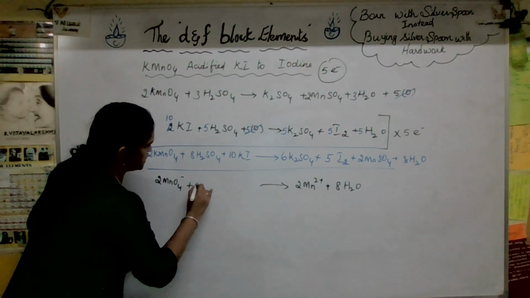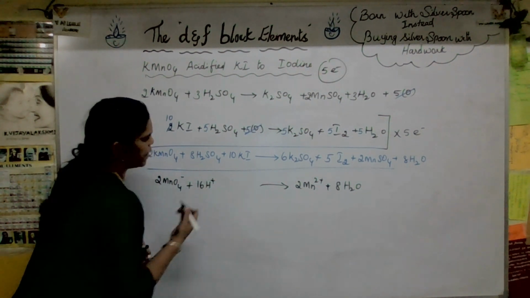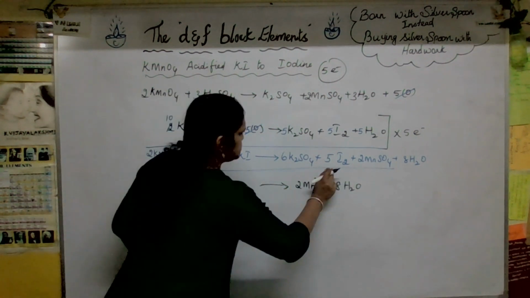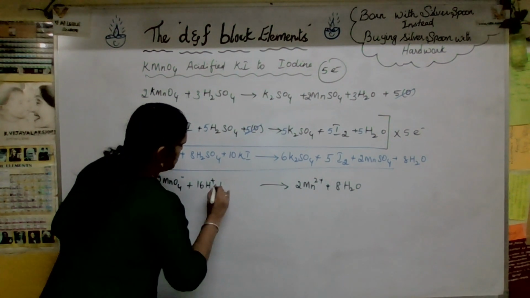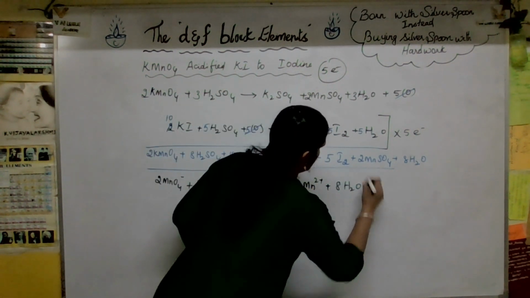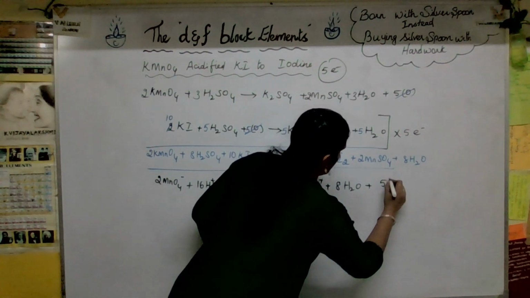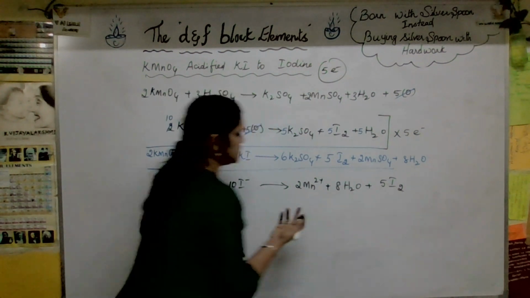That much H plus ion. So 8 twos are 16 H plus ion. Okay, now here 10 I minus plus 10 I minus. Here, 5 I2. You can ask, ma'am, 5 I2. 5 twos are 10. That's all.